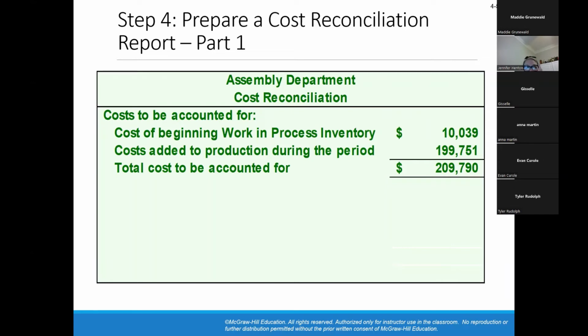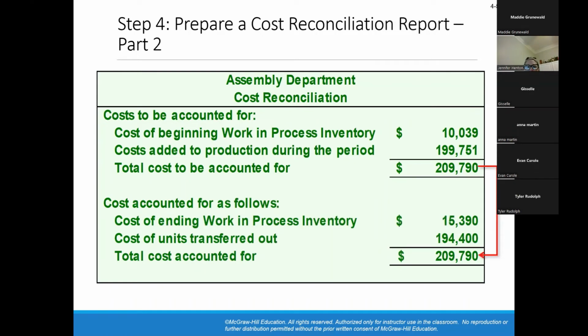So those are the costs that they gave us, and we just add them together to come up with a total cost of 209,790. And then we just did the chart with the equivalent units that we figured out how much it was per equivalent unit, and then we went through the process of calculating that out a few slides back.